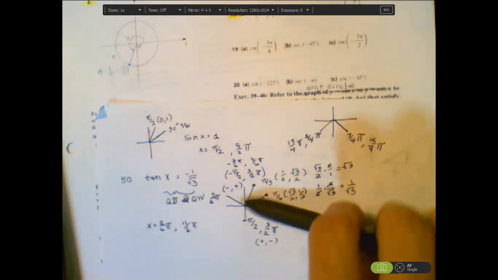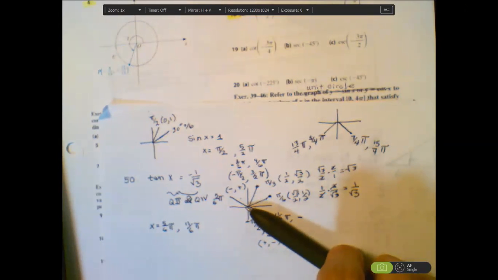How many radians clockwise is it? Anybody?